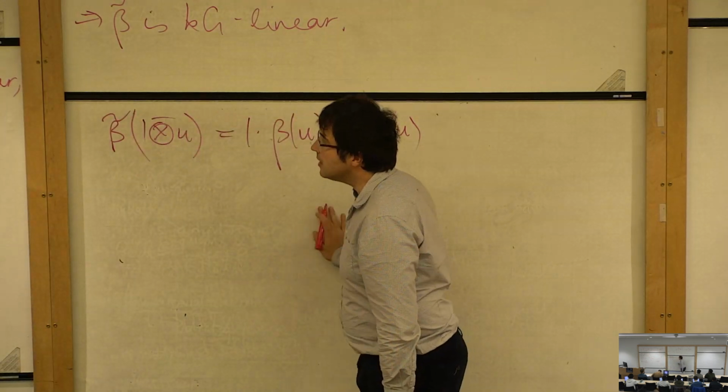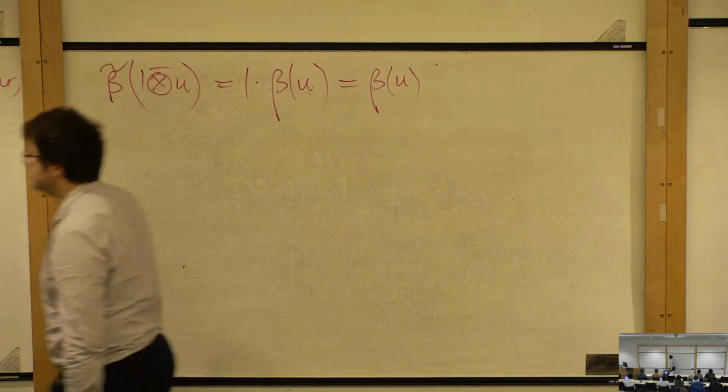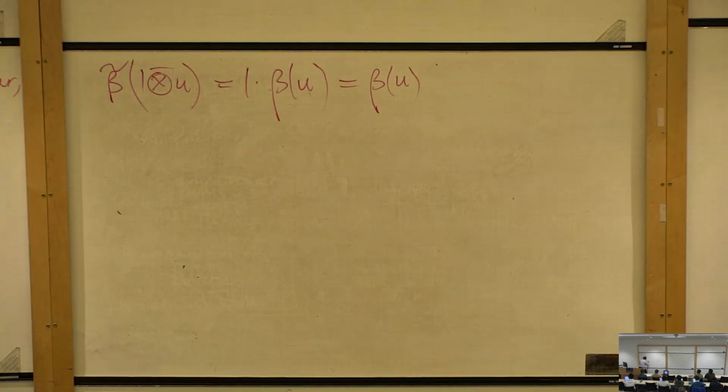And finally, why is it unique? Suppose there was some other beast, beta double dash or something, such that the diagonal commutes and it was linear.